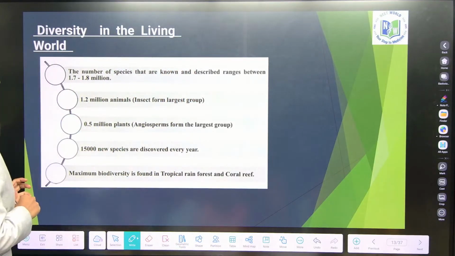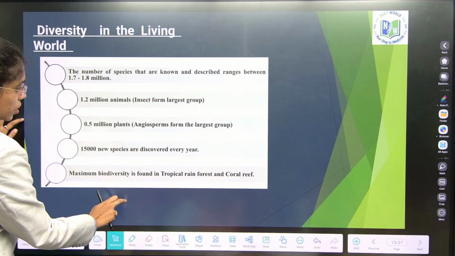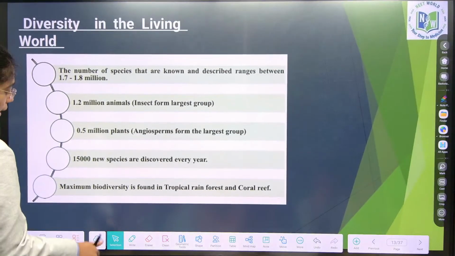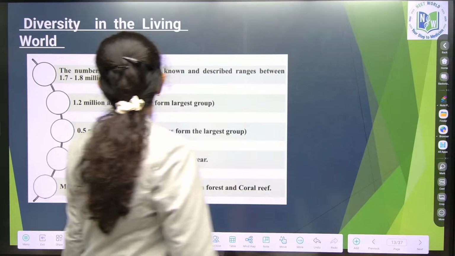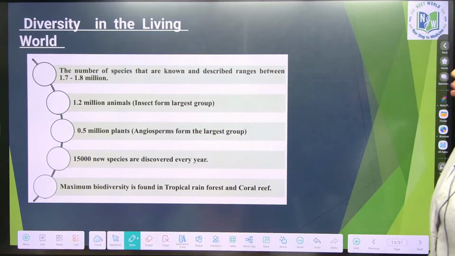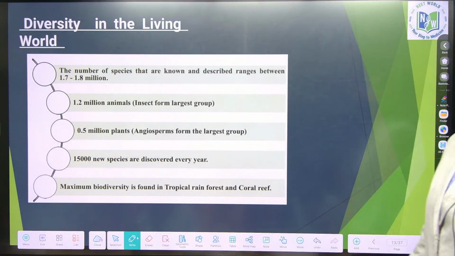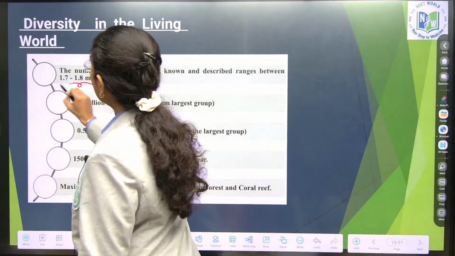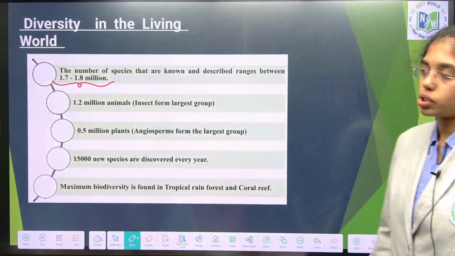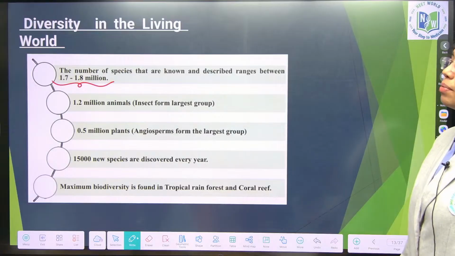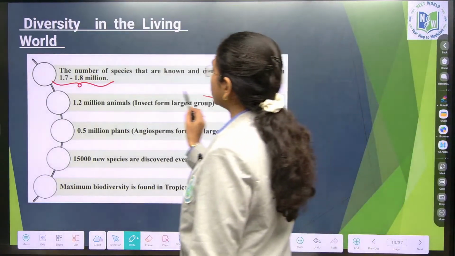Now, diversity of the living world. These statistics are a little important for you. Take down. The number of species that are known and described is around 1.7 to 1.8 million species. 1.2 million are animals. Amongst that, which is the largest group?